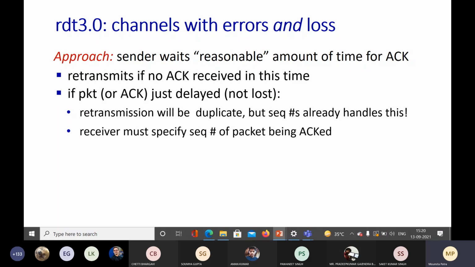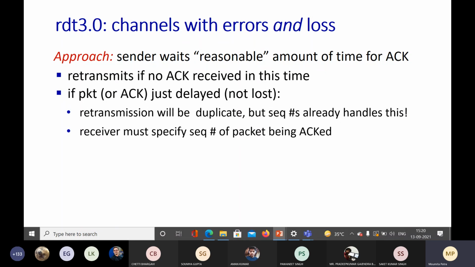We already know that every packet has a sequence number. So if we receive a packet with the same sequence number, that means it is a duplicate packet. So now the receiver will send the corresponding acknowledgement. It's not saying that it's a duplicate packet, it will simply send that information to the sender side, or it will simply drop the packet.